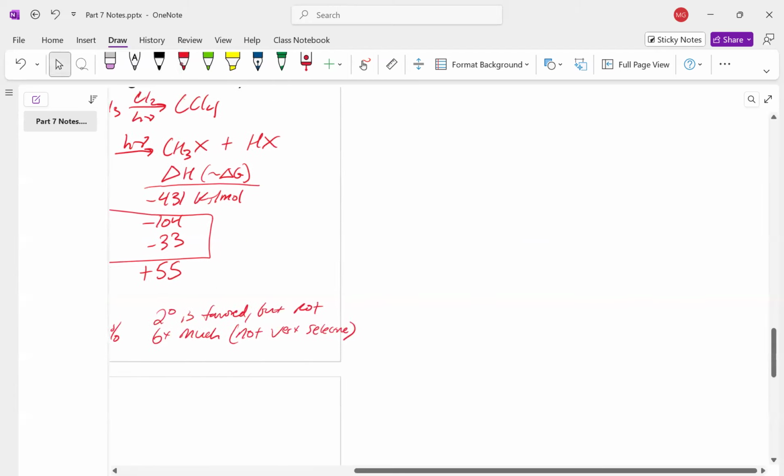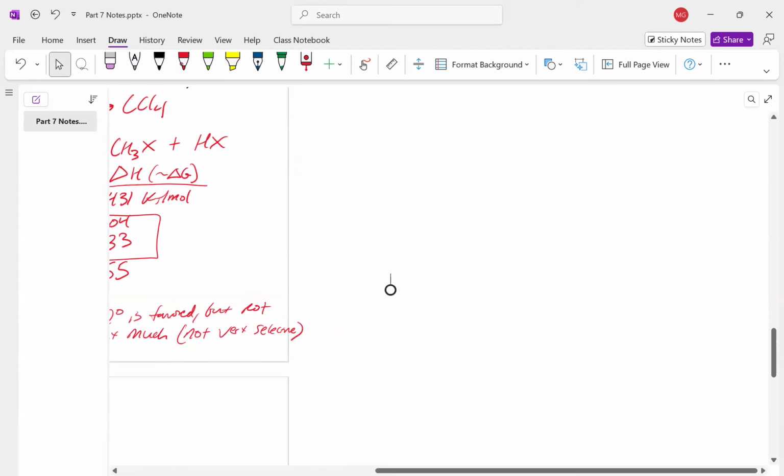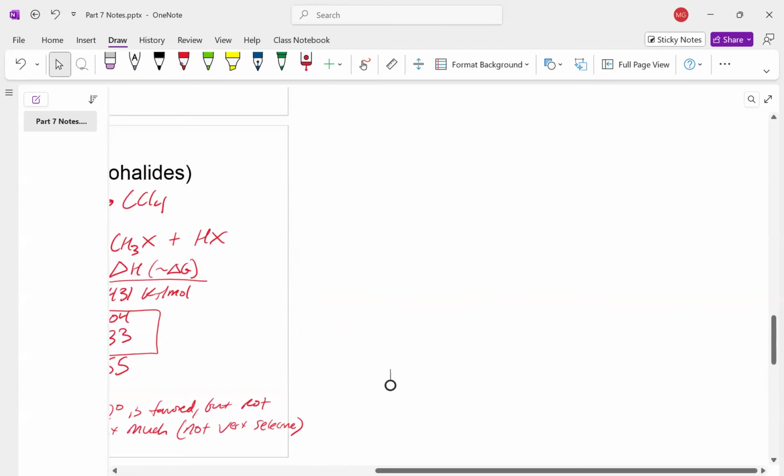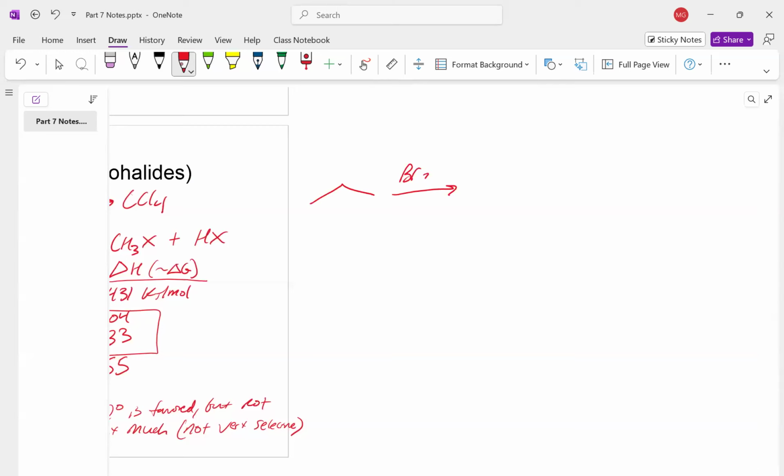Now, by changing up the halogen, let's do the same reaction, but this time use bromine. Again, we'll see a similar product distribution where we'll have some secondary and some primary, but 97% of the product is the secondary one and about 3% is the primary one.